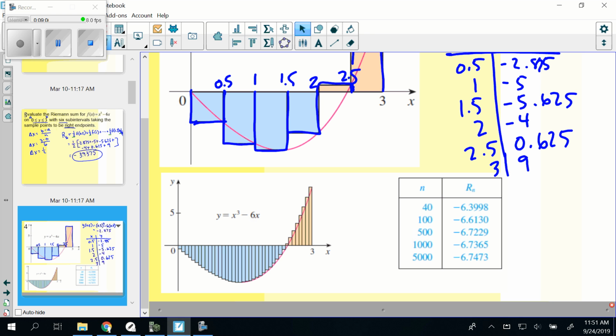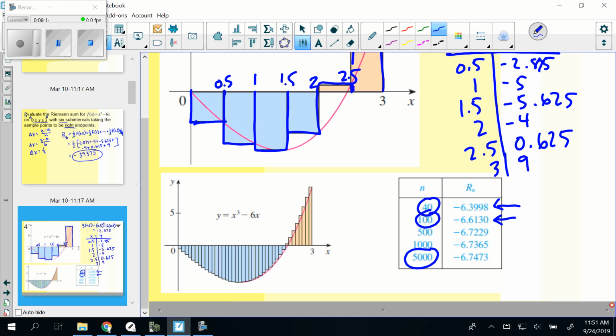So if we used 40 as our number of rectangles, this is what the area would come out to be. If you used 100, you'd get this. If you used 5,000, you can start seeing you get a more accurate estimate. Ours was pretty low because we only used 6, but the more you use, the better approximation you get.